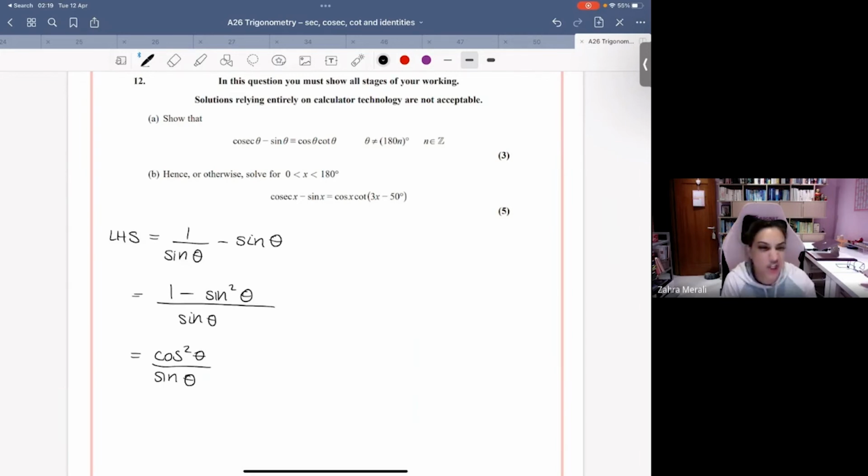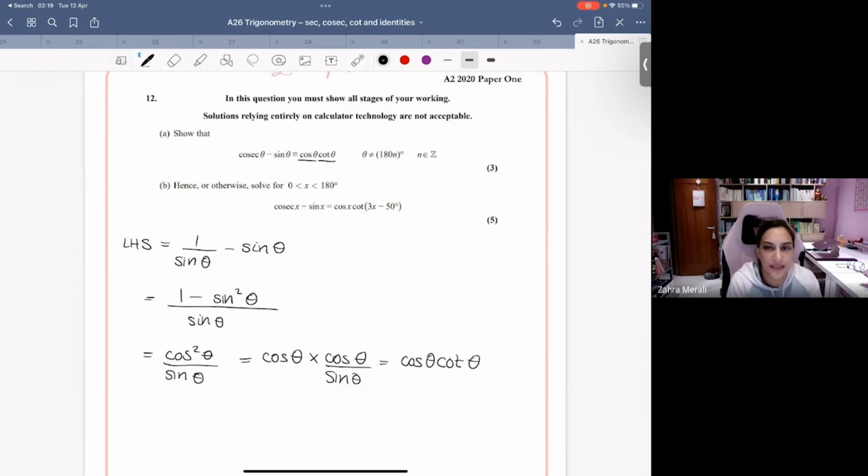And then you're going to look at your answer and go, what am I trying to get? I'm trying to get cos theta multiplied by cot theta. So I said, well, this is the same as cos theta multiplied by cos theta over sine theta. And I'm there. So cos theta, cot theta. Right. The next bit of the question says hence or otherwise. When you see that, it's always hence.